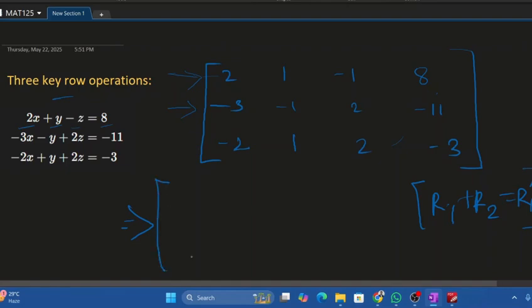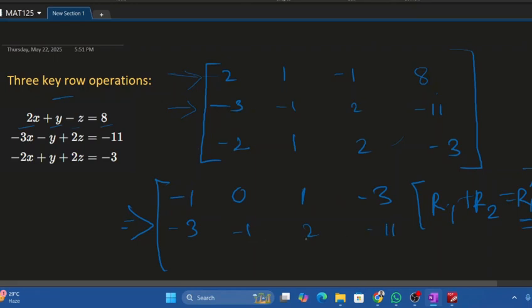In that case, the 2 and minus 3 will be added, and that will be minus 1. So let's put minus 1. We are replacing the result in row 1, not row 2, but we can do either. If we add this, it will be 0, and if we add this 1, it will be minus 3, and the rest will be the same.